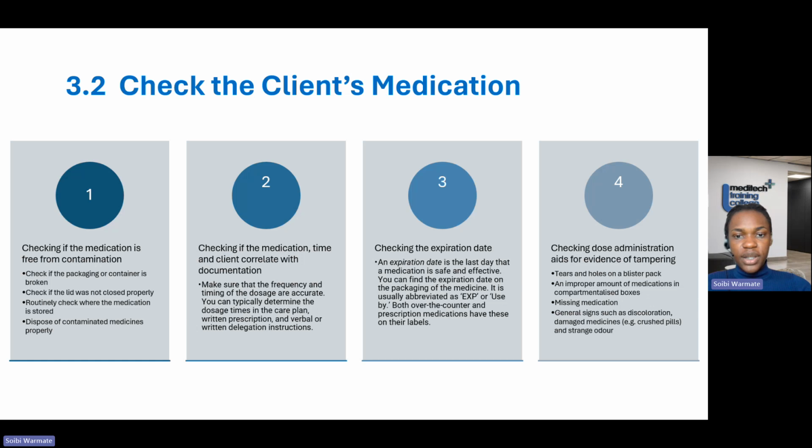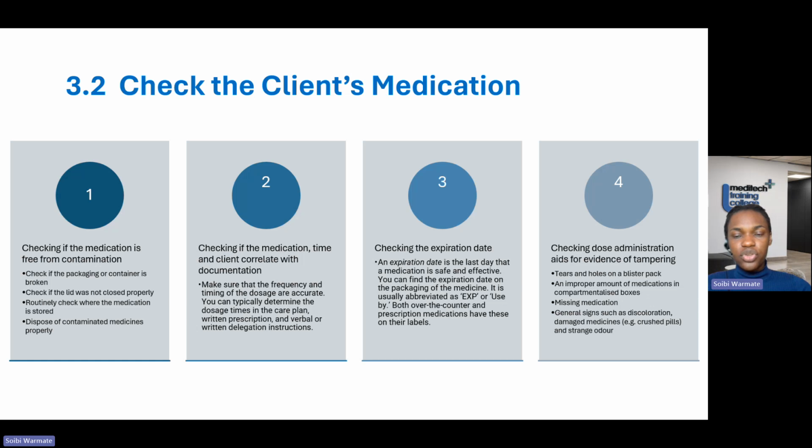You need to check the expiry date. Expiration date is always abbreviated as EXP. It's the last day that the medication is safe and effective to be given. The fourth one is checking the dose administration aid for evidence of tampering.